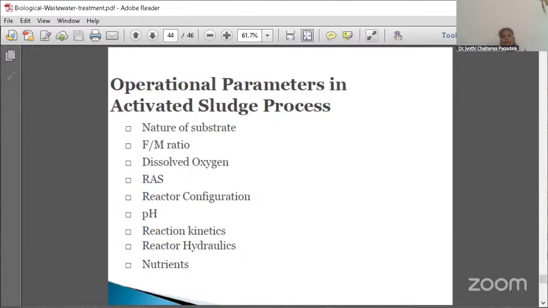The operational parameters in the activated sludge process are the nature of the waste, F by M ratio, dissolved oxygen, RAS, reactor configuration, pH, reaction kinetics, reactor hydraulics, and nutrition.